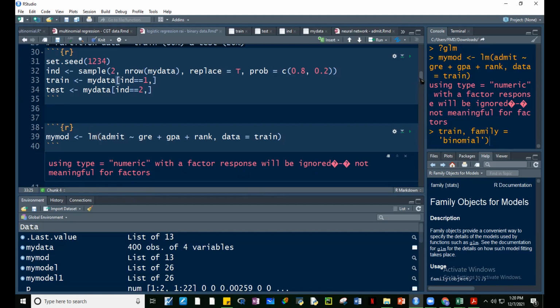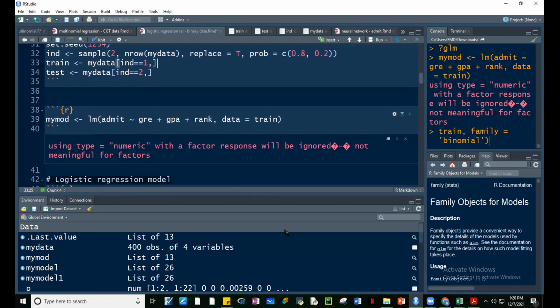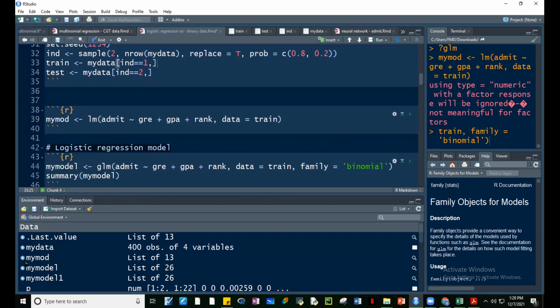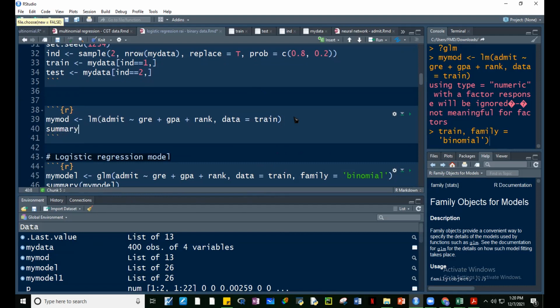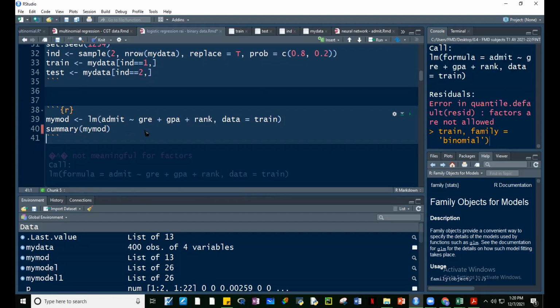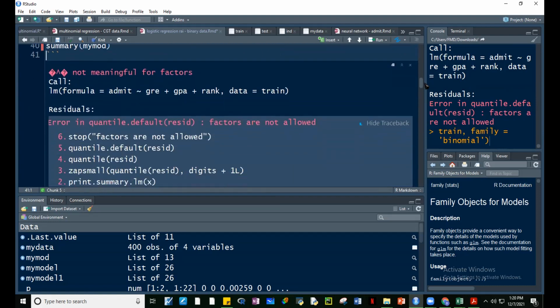It did not create the model. Okay, tingnan natin. Create pala niya, andito pa rin yung my mod. Pero let's see. No? I-summarize natin. Summary, my mod. Create niya, guys. Pero may caveat tayo dito.